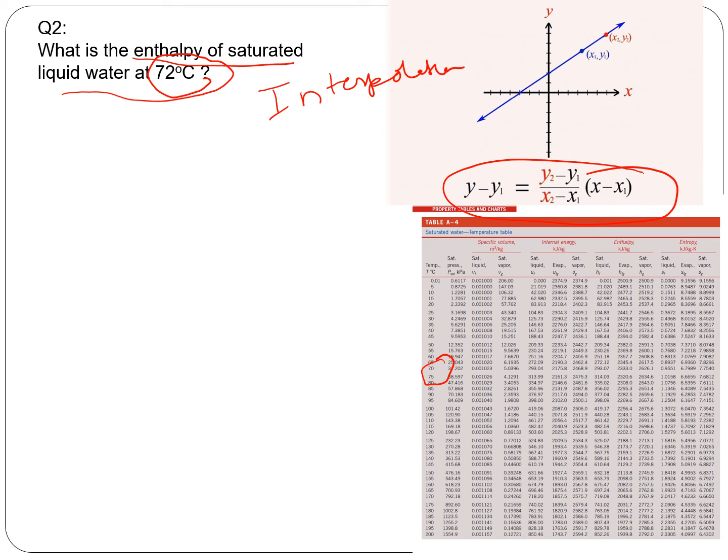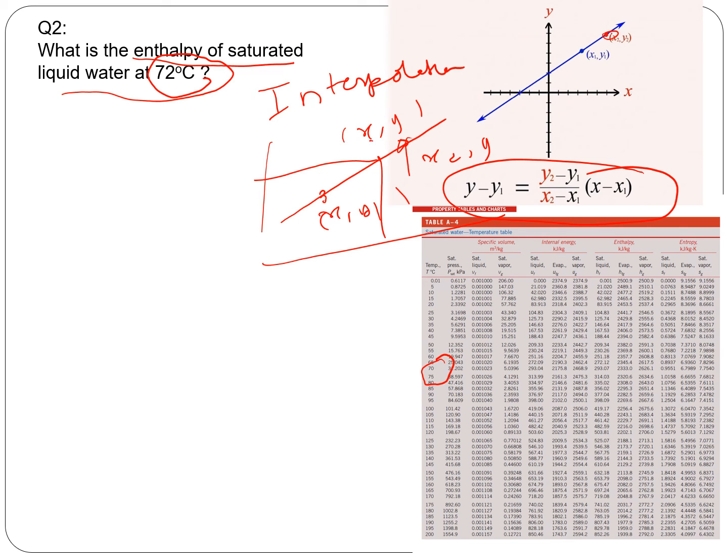Okay. So for that, you can choose any two points: you have x1, y1, and then you have x2, y2. Sometimes x is known and y needs to be found, or sometimes y is known and x needs to be found. So this is the 2-point formula that is going to be used in order to find the unknown.